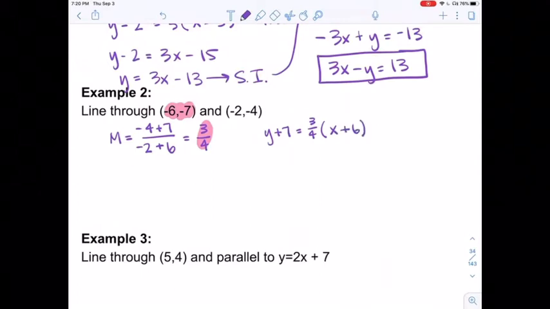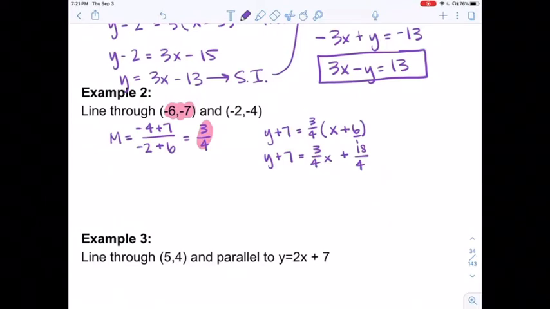Now, we can go ahead and distribute this. So let's do that. y plus 7 is equal to 3/4 x plus, if this is 6 over 1, 3 times 6 is 18. 4 times 1 is 4.